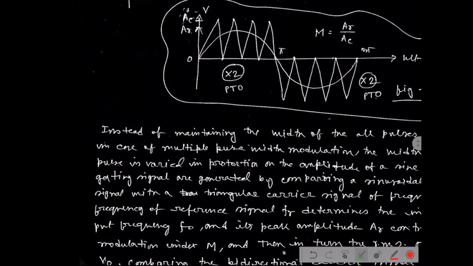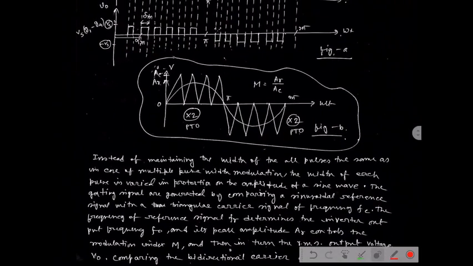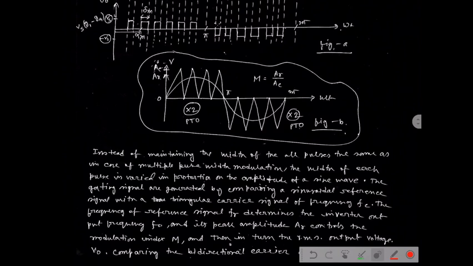Now from the above discussion we can conclude that, instead of maintaining the width of all pulses the same as in the case of the multiple pulse width modulation that I discussed in the previous section, the width of each pulse is varied in proportion to the amplitude of the sine wave.